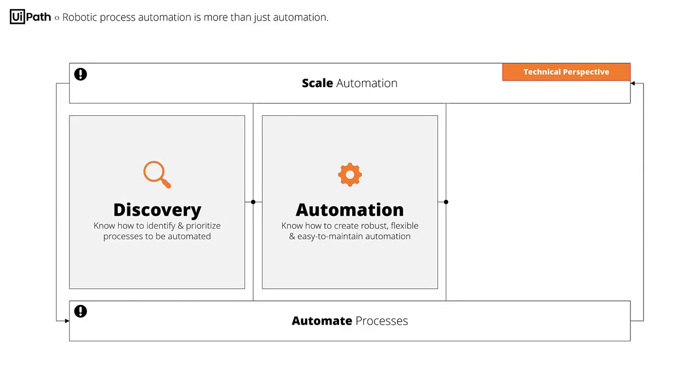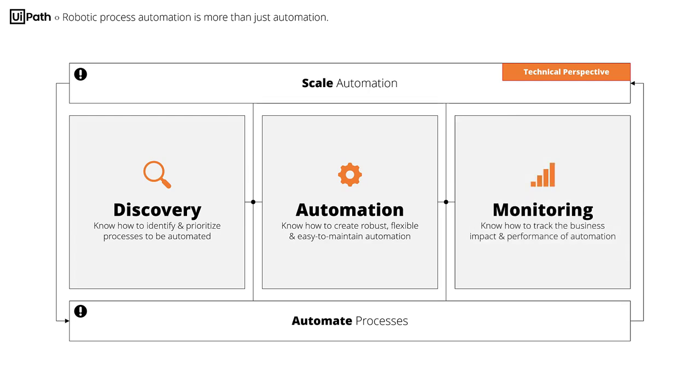We also need to know how to identify and how to prioritize the business processes that need to be automated. So process discovery, process mining, and process understanding are the keywords here. And on top of that, we also need to constantly monitor the performance and the business impact of our automated business processes to enable us to react and adapt to changes whenever these changes are being made.